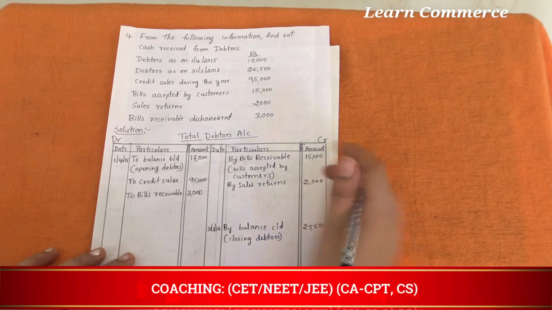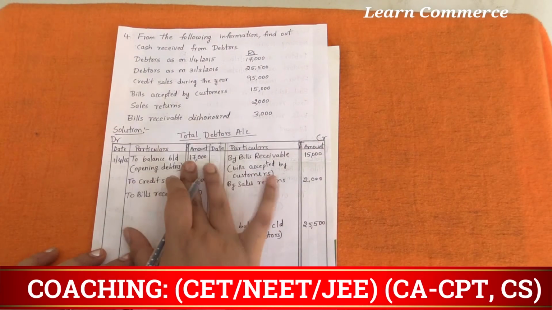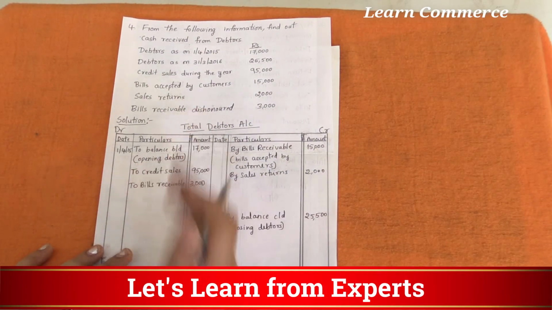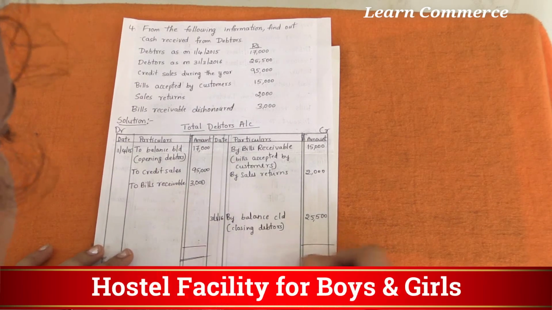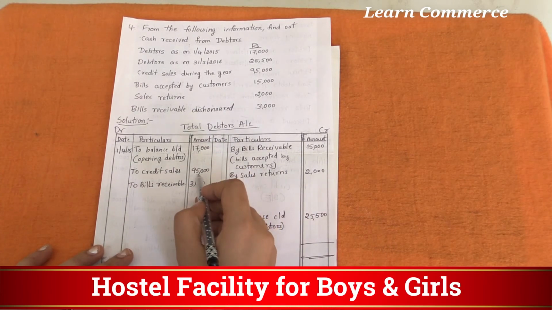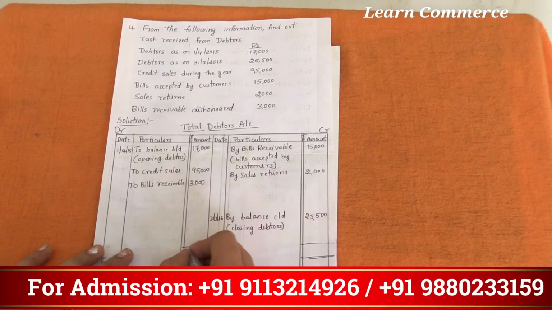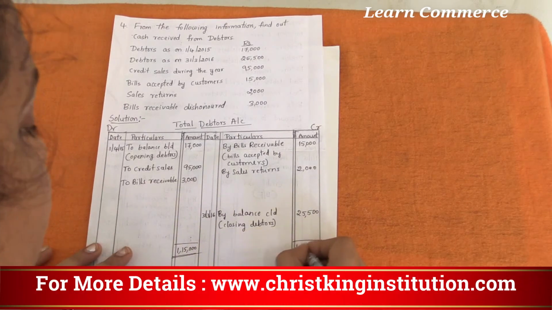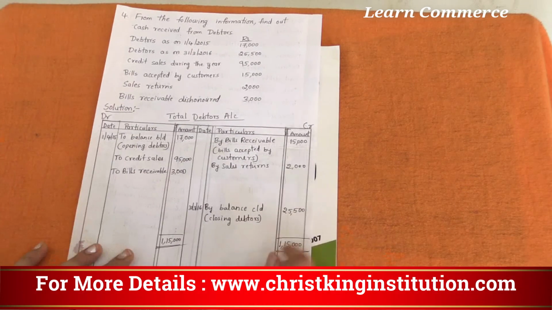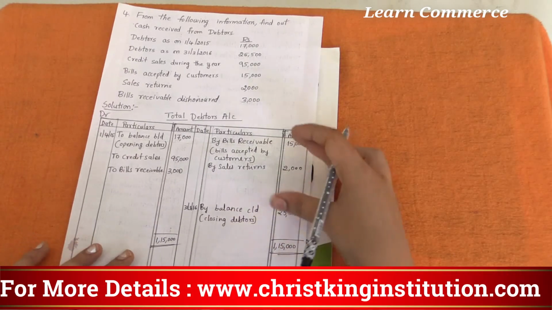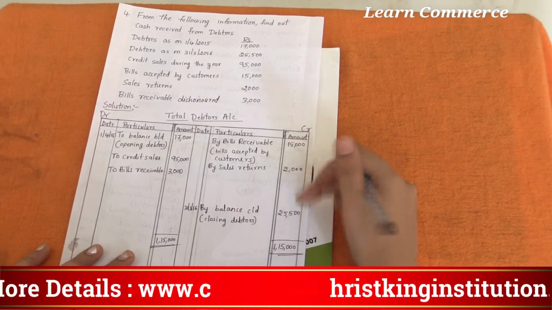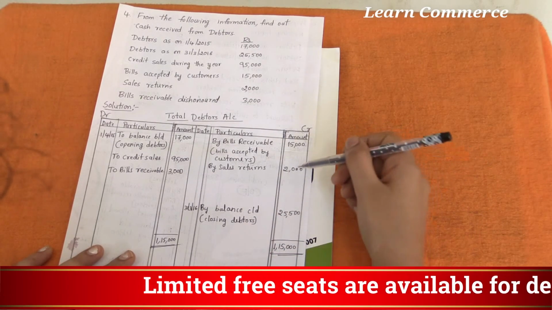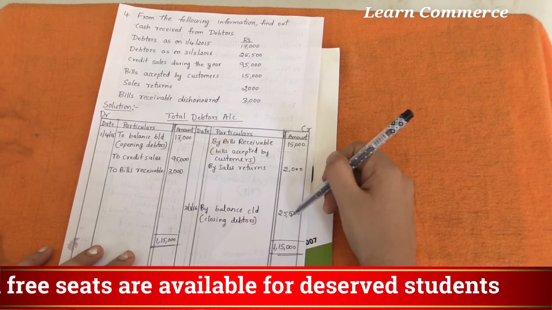Okay. Then make a total of both the debit and credit sides. I hope the debit side amount is more. 17,000 plus 95,000 plus 3,000, it will be 1,15,000. Write the same here, 1,15,000. Yes. From 1,15,000, you have to deduct these three figures. Okay, this one and this one. 1,15,000 minus 15,000 minus 2,000 minus 25,500.